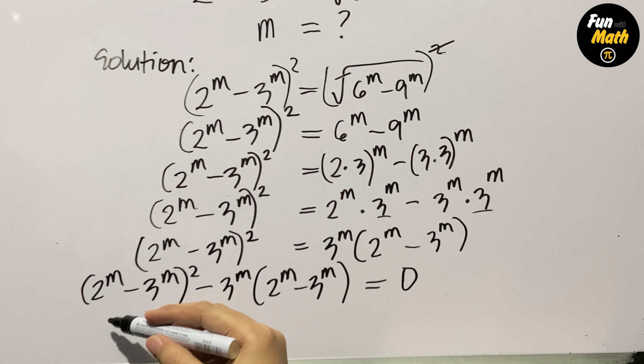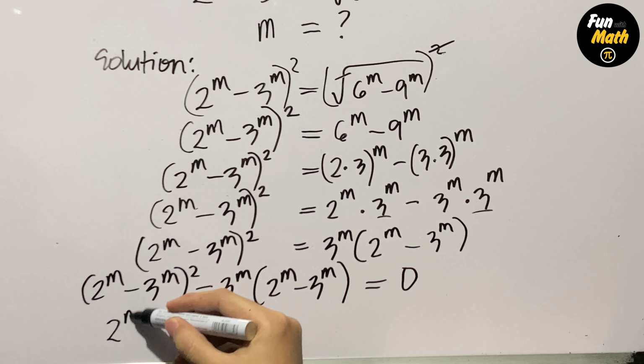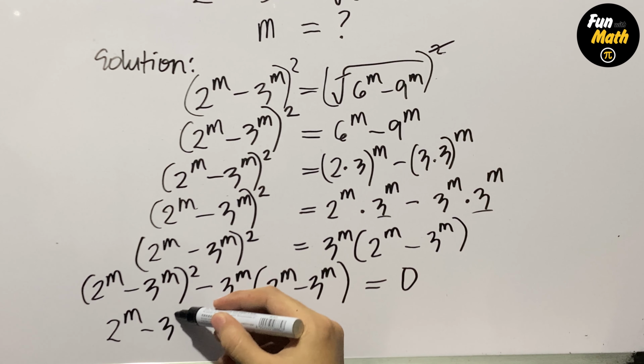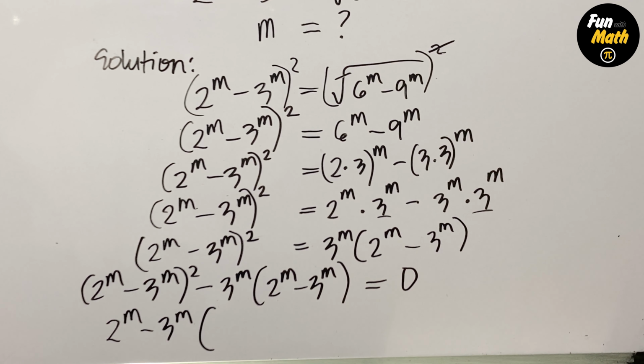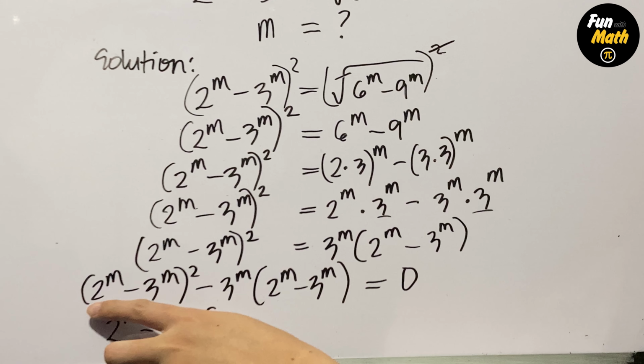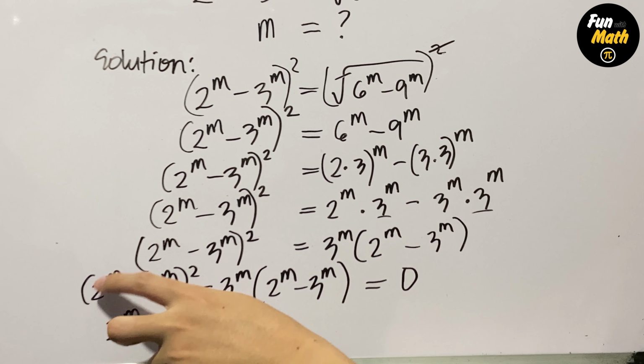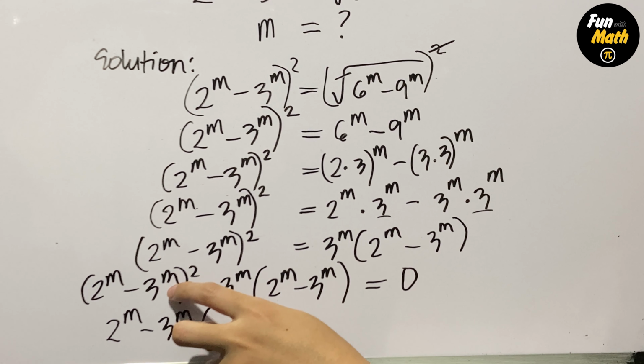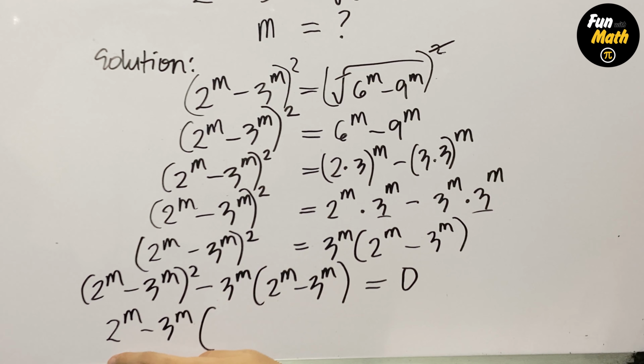And then let's factor. (2 to the power of m minus 3 to the power of m) times, here, if we divide (2 to the power of m minus 3 to the power of m) whole to the power of 2 by 2 to the power of m minus 3 to the power of m, that 2 will be cancelled, and there is remaining 2 to the power of m minus 3 to the power of m, since this is a square.